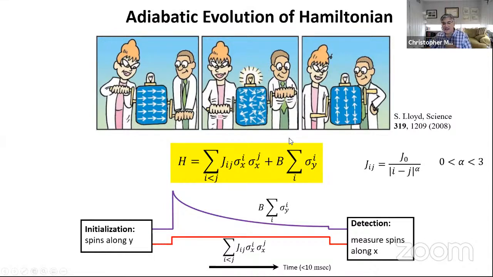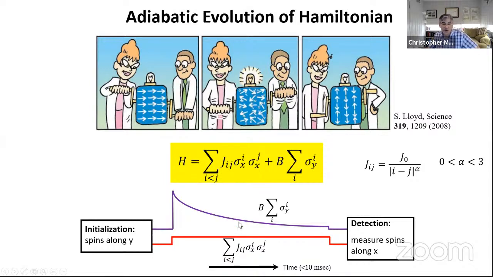The idea is to turn on a simple Hamiltonian, in this case the transverse field, and gradually turn that off and gradually turn on the Ising coupling. If you do it adiabatically, that means no entropy was gained or lost, and you started in the ground state of the trivial part of the Hamiltonian, you should evolve to the ground state of the more interesting Hamiltonian.